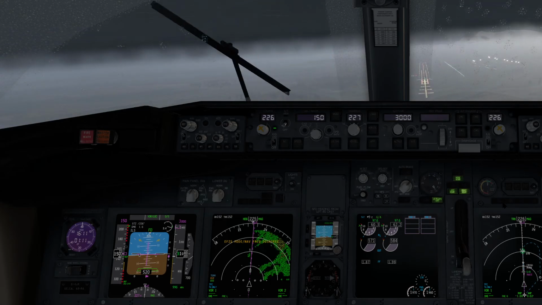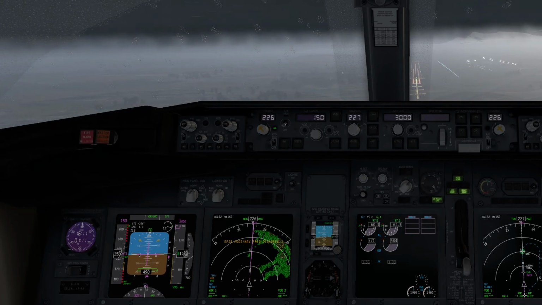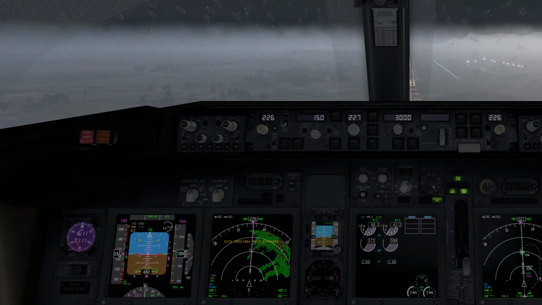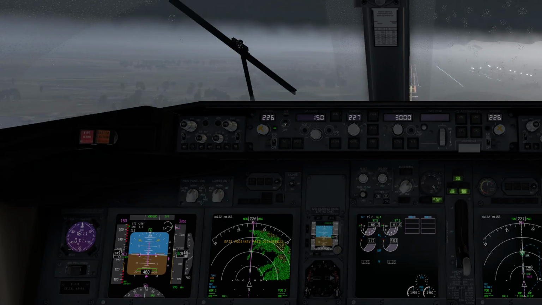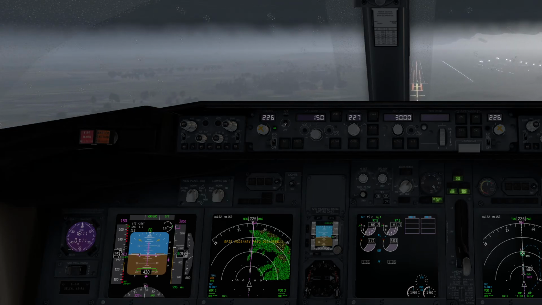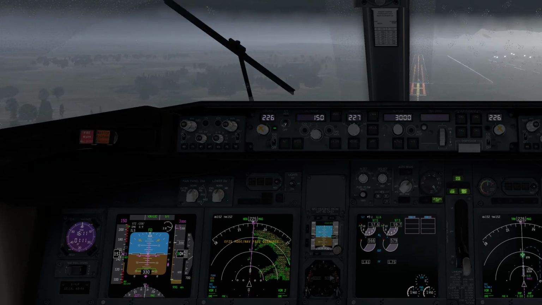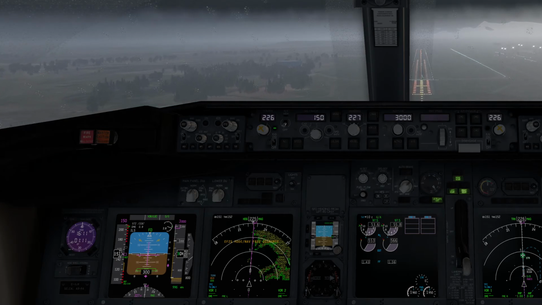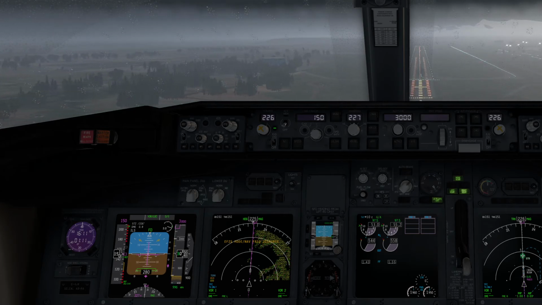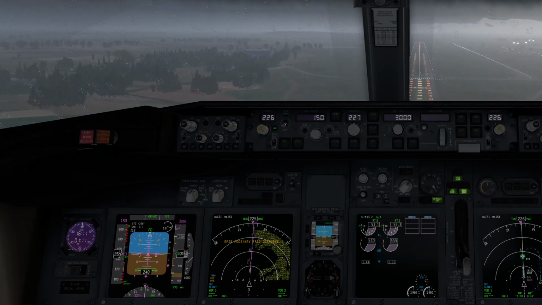A little to the right. 500. Speed 150. 400. 300. We are a little bit high.